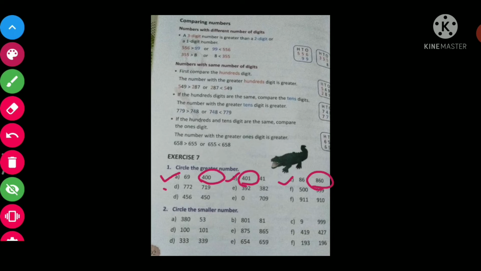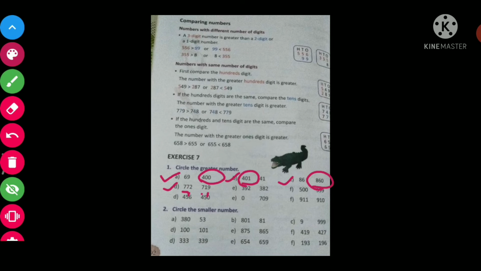Now see the next one. Here you can see both are 3-digit numbers. So we'll compare the 100 place value. In the 100 place value also they have the same number, 7 and 7, right? Now we'll see the tens place value. In the tens place, one has 7 and the other one has 1, right?